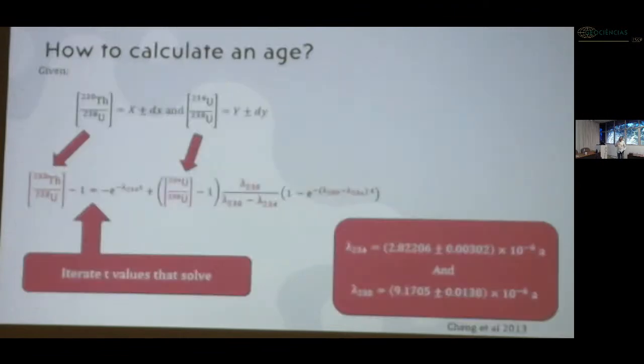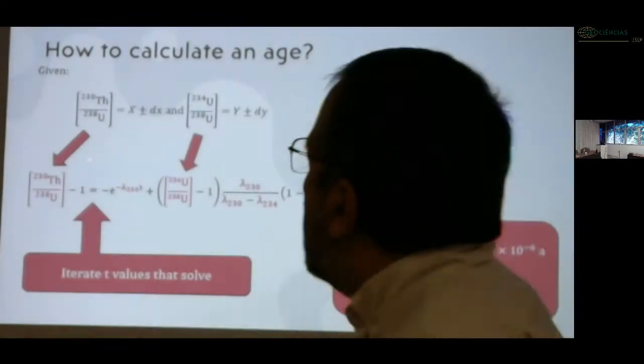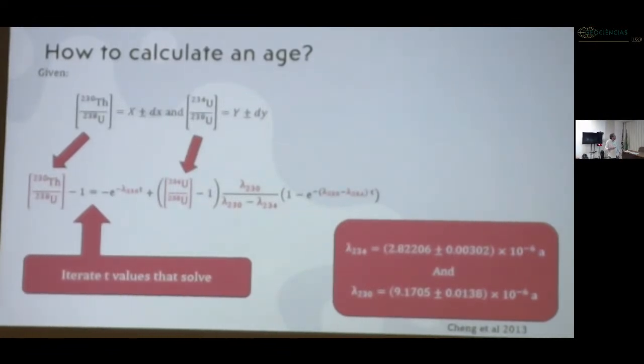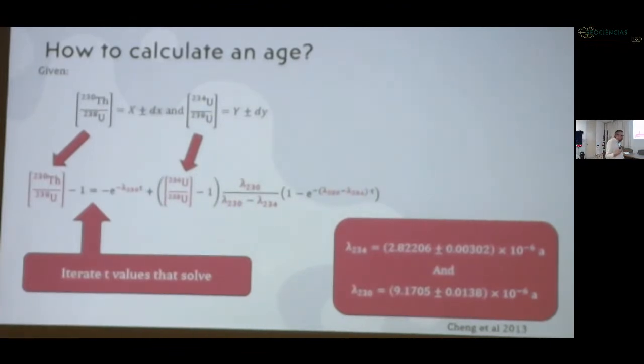So to actually solve the equation, we need the isotope compositions that we measure, and we have to solve this equation by iterating different times until we can solve this equality. That's the only way to solve it, by iteration.